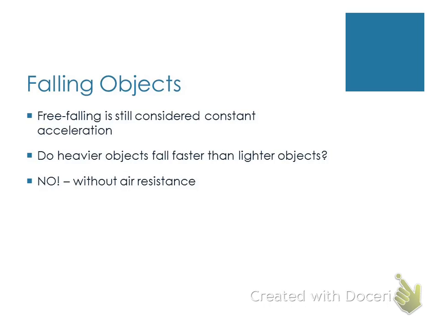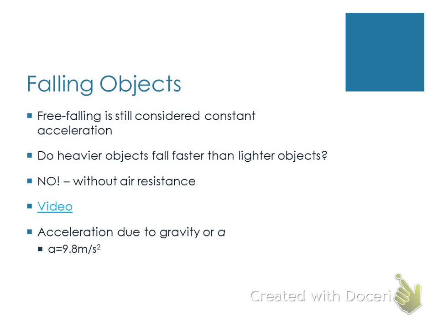Okay, so we're going to watch a quick video. Constant acceleration for free-falling objects, we're still using A for our acceleration, but we're using acceleration due to gravity. Acceleration due to gravity is 9.8 meters per second squared. And I want you to go ahead and include a negative 9.8 meters per second squared in there, because gravity is always pulling in what direction? Down.